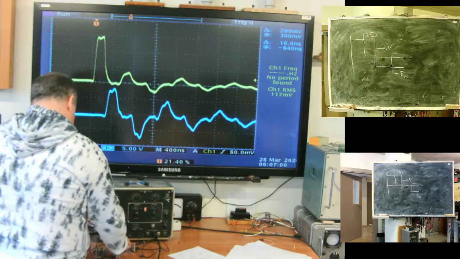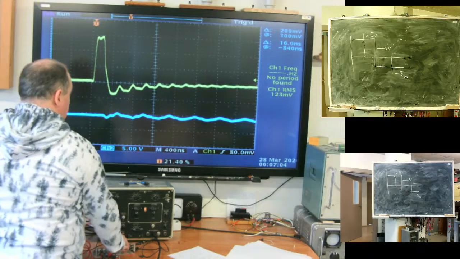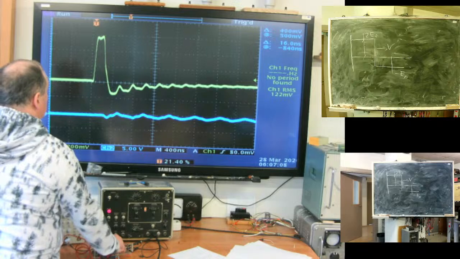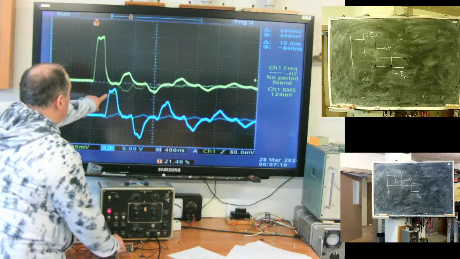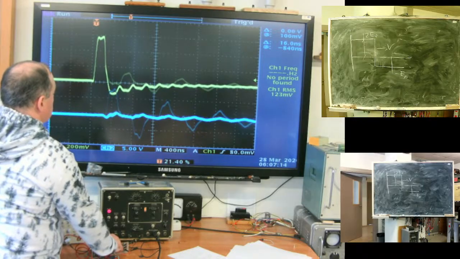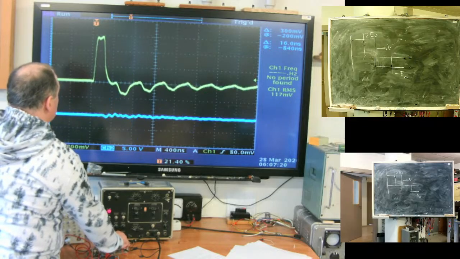Here, I'm imitating a fold at the middle of the line. See? Fold in the middle of the line. Fold at the end of the line.